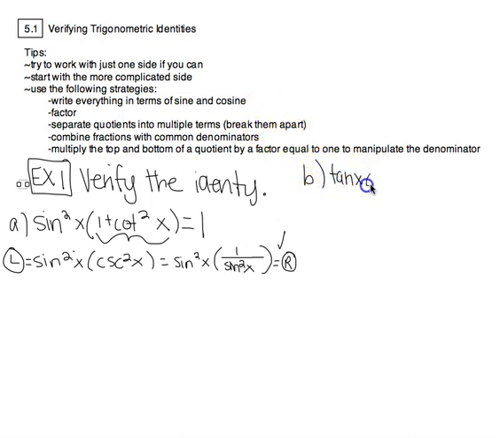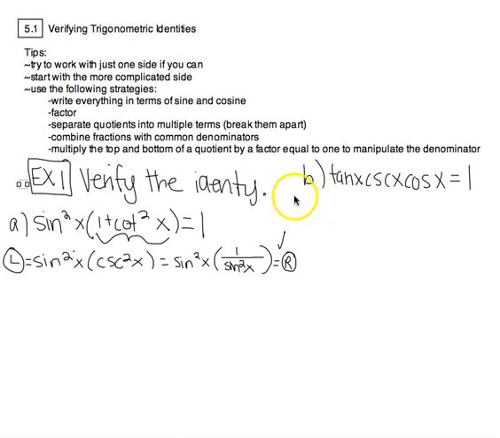tangent x cosecant x cosine x equals 1. So again, we are trying to work with just one side, trying to start with the more complicated side, which in this case is the left side.